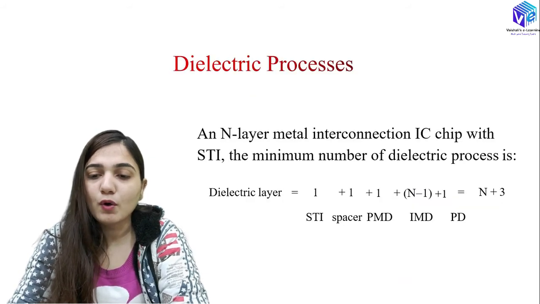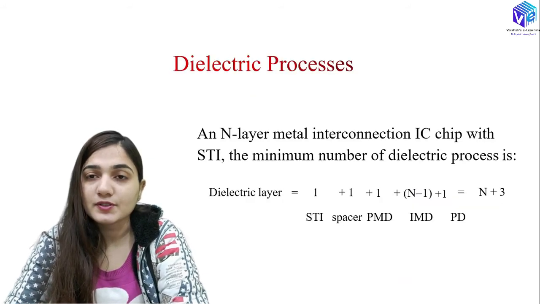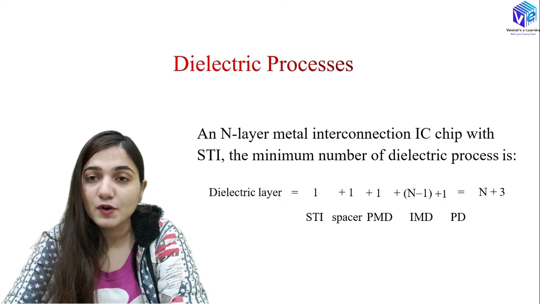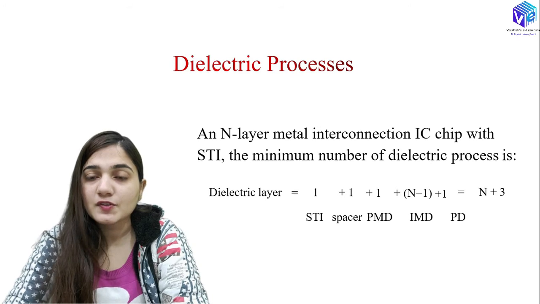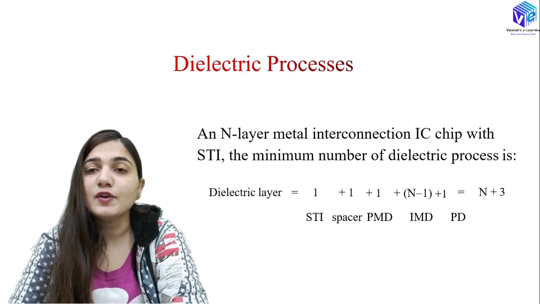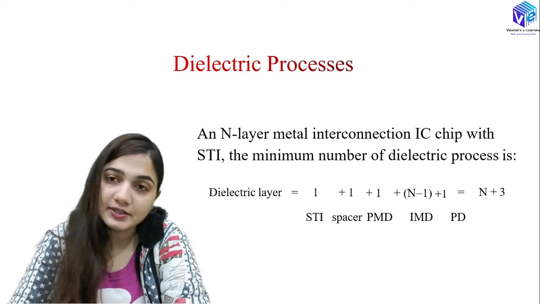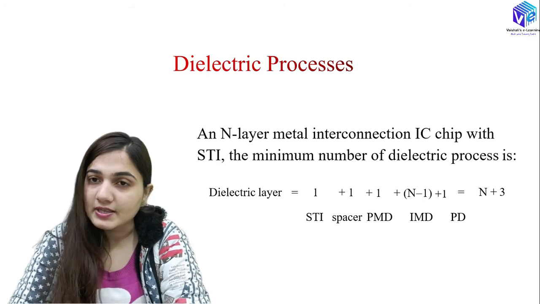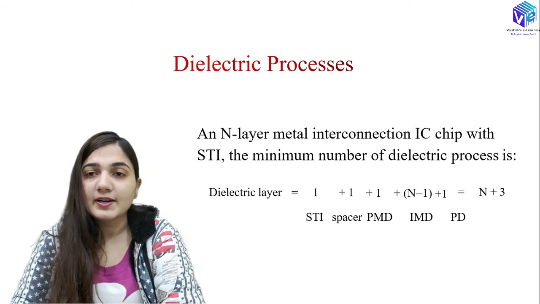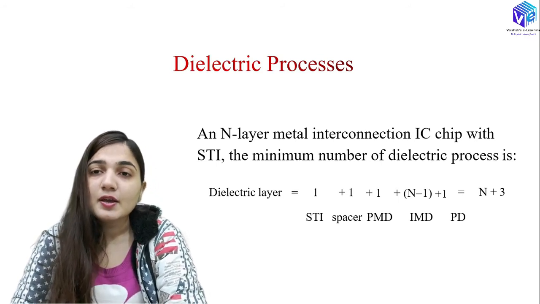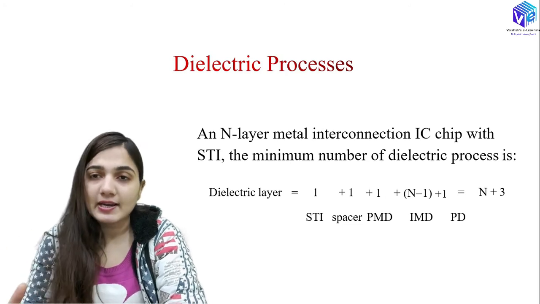So overall, what are the dielectric processes? How many dielectric processes are required? So dielectric processes are the various processes of the formation of dielectric thin films in an IC, right? So whenever we are forming a dielectric thin film in an IC, we are getting a single dielectric process.